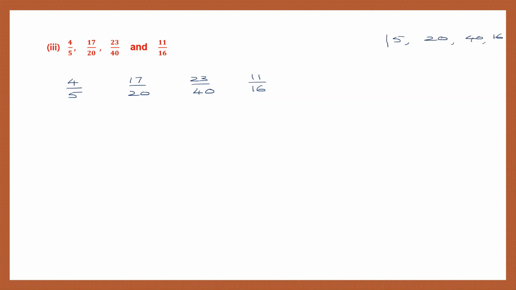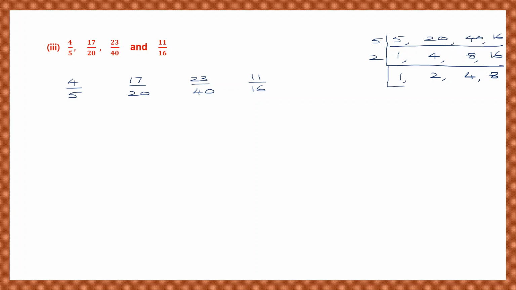So we can begin with 5. Let's begin with 5. 5 is a prime number. 5 1s are 5, 5 4s are 20, 5 8s are 40, 16 is not divisible by 5, so we bring it down as it is. Now let's use 2. So 1 we bring it down, 2 2s are 4, 2 4s are 8 and 2 8s are 16.